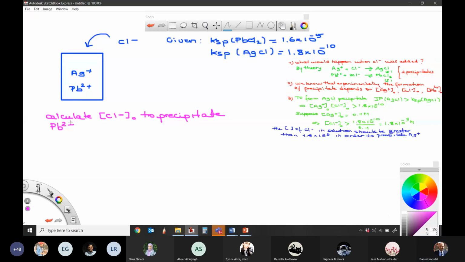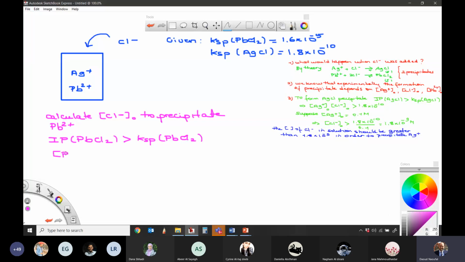To precipitate Pb2+, Ip of PbCl2 should be greater than Ksp of PbCl2. Okay.